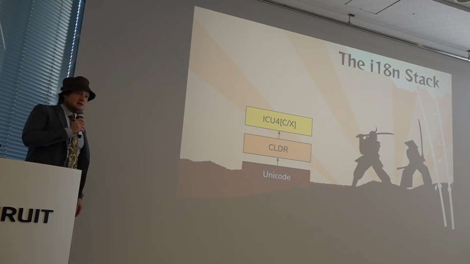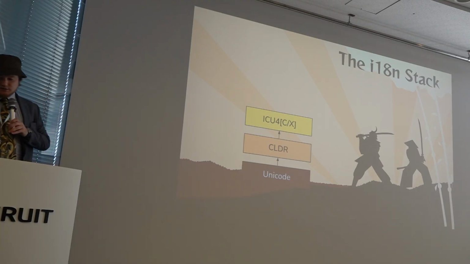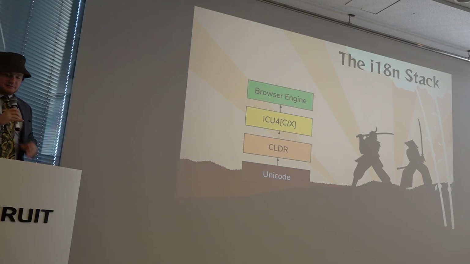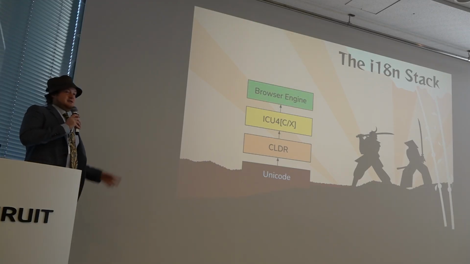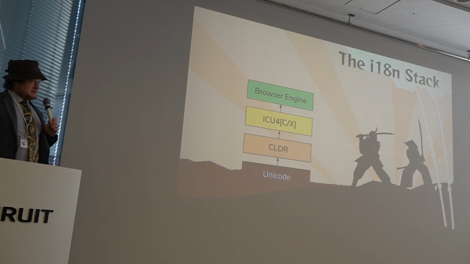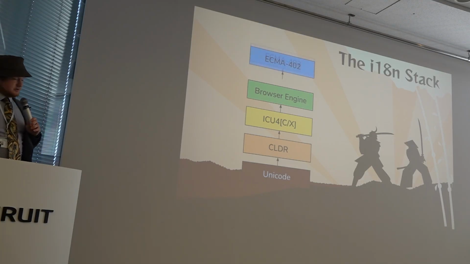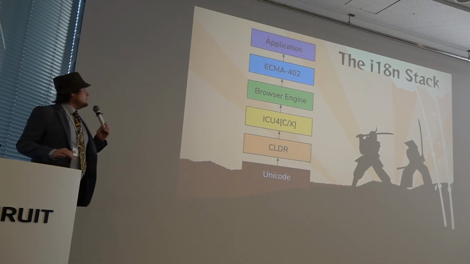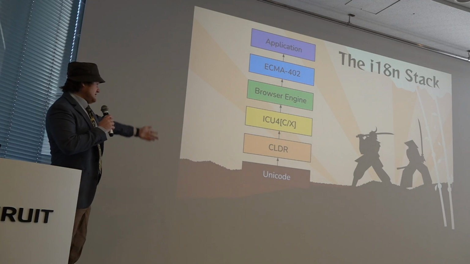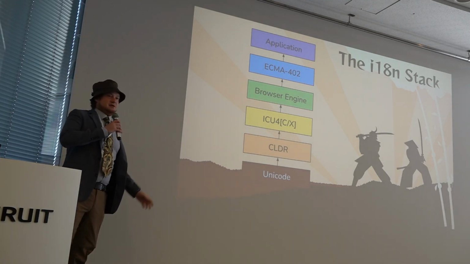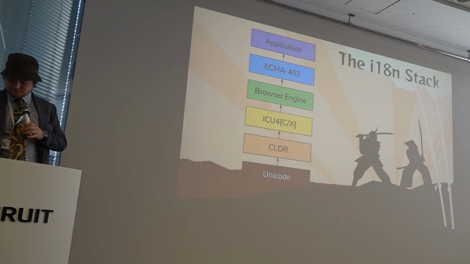That's a library that implements the CLDR and Unicode standard. On top of that, we have the browser engine. That's like V8 or SpiderMonkey, for example, which implements the ECMA 402 standard. And on top of that, you have your application that can then use this. So you can see that Unicode is at the base, even if you call it through a browser engine.